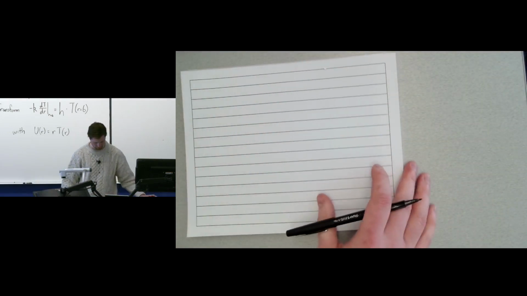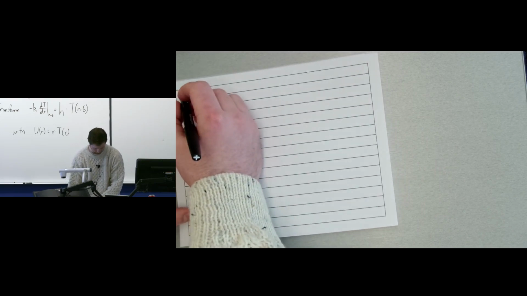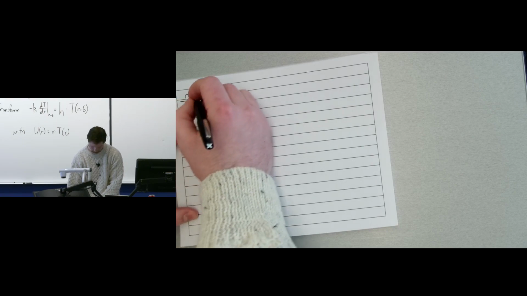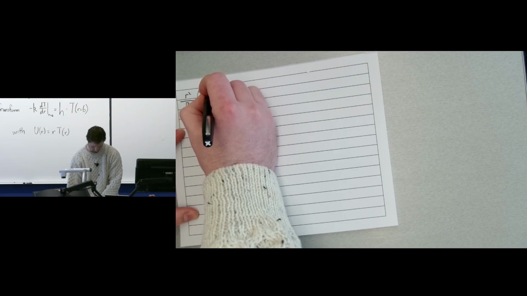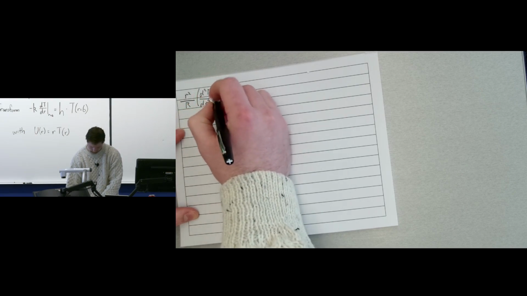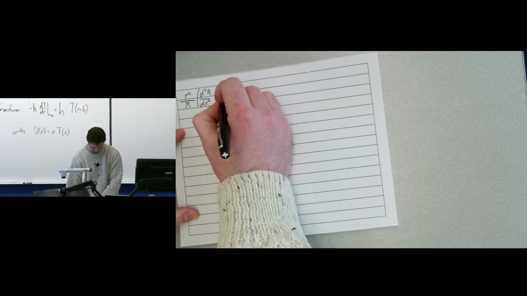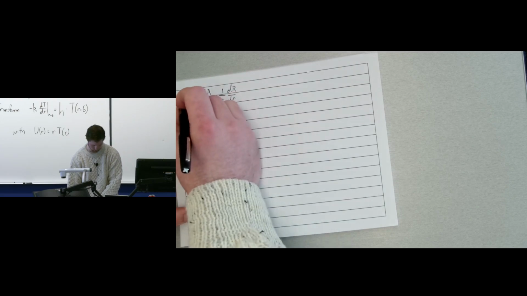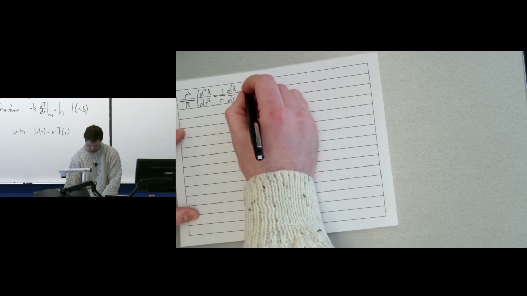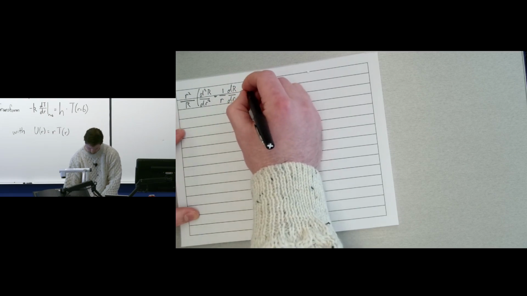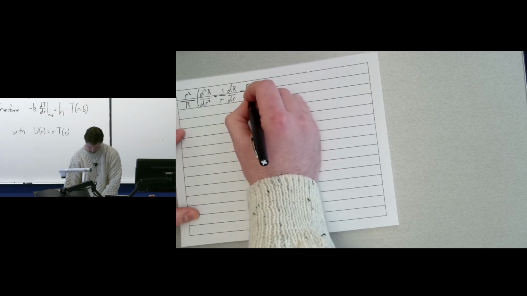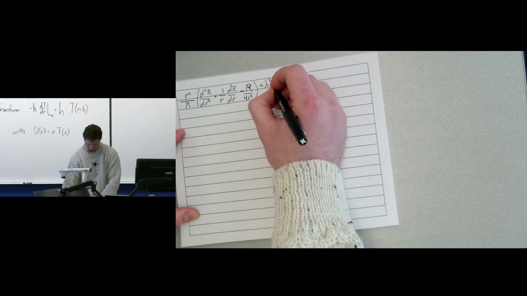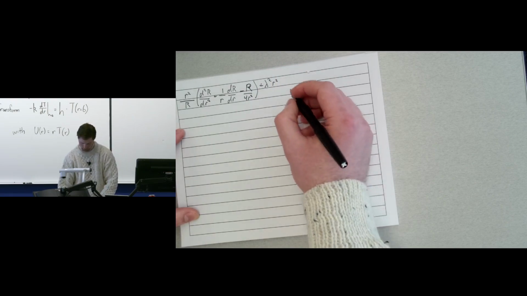So when I do that, I'm going to have to write this all out again. We're going to get r squared over r, second derivative of cap r with respect to r, plus 1 over r. This is the same exact term that was there before, just with the r squared on the outside. Plus, I'm going to put the lambda squared r squared here. You'll see why in a second.